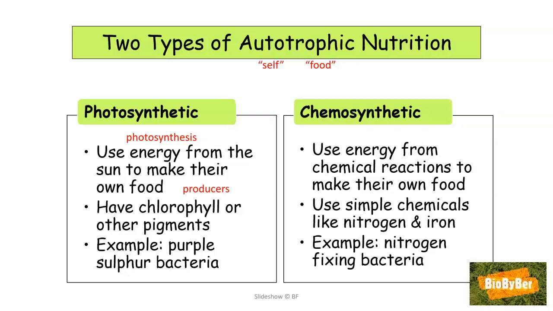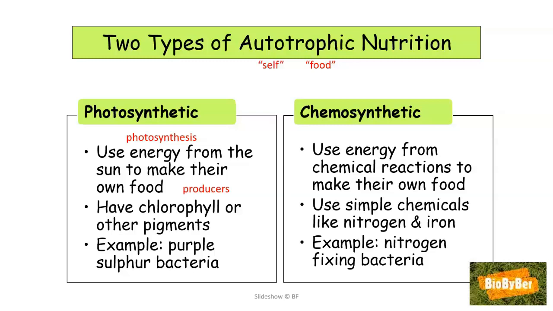But remember, they don't have any chloroplasts because bacteria are prokaryotic organisms. That means they have no proper true nucleus or membrane-bound organelles. So therefore, they have no chloroplasts. An example of a photosynthetic bacteria would be purple sulfur bacteria.